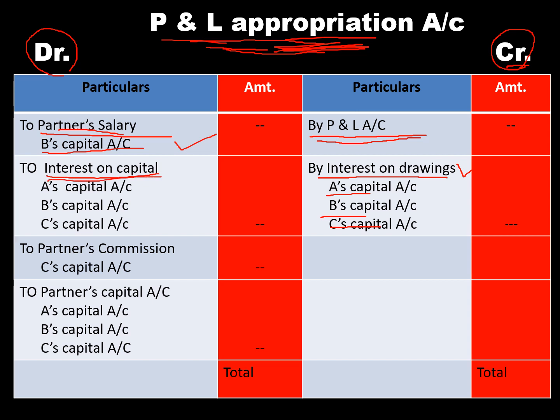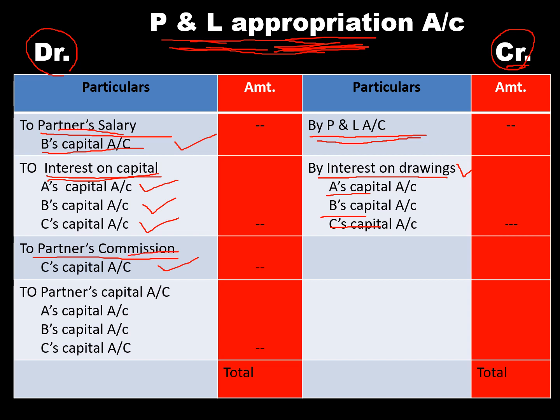Then one by one we will write all the partners' names: A's capital, B's capital, C's capital and their values. Then if we provide commission to a partner, we will write to partner's commission account and the name of the partner with the amount. So your journal entry will be P&L appropriation account debit to partner's commission account.